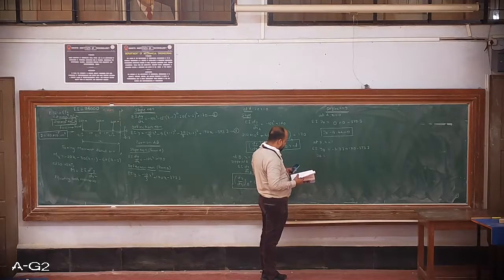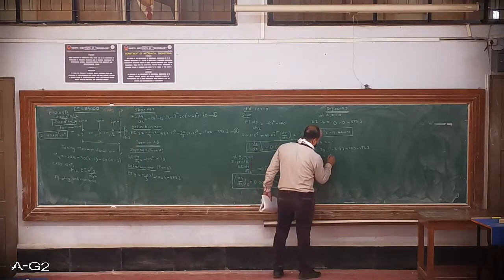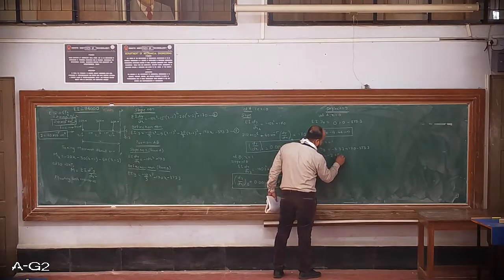Minus 3.33 plus 170 minus 373.3 divided by 84,000, that is 2.45 mm, minus 2.45 mm. So minus 2.45 mm you will get.